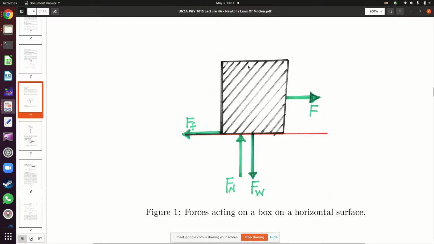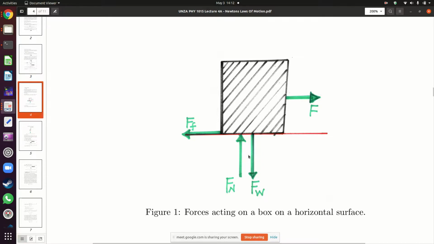Similarly, we can apply the same logic in the vertical direction: any force above the surface will be treated as a positive force. So our force pointing above the surface, which is the normal force, is going to be a positive force, and any force pointing below is going to be treated as a negative force. Now, if you have a box lying on a surface like this, what you're hoping is that this box does not sink into this surface.